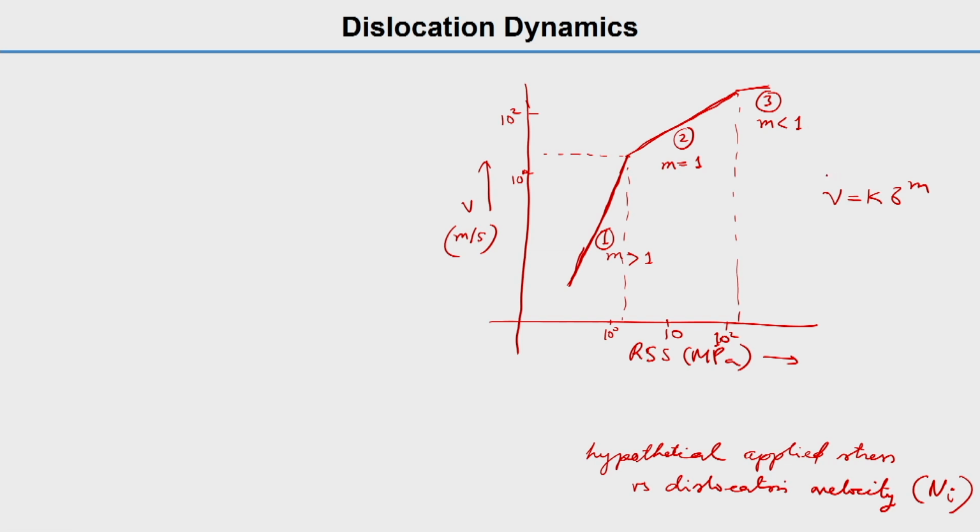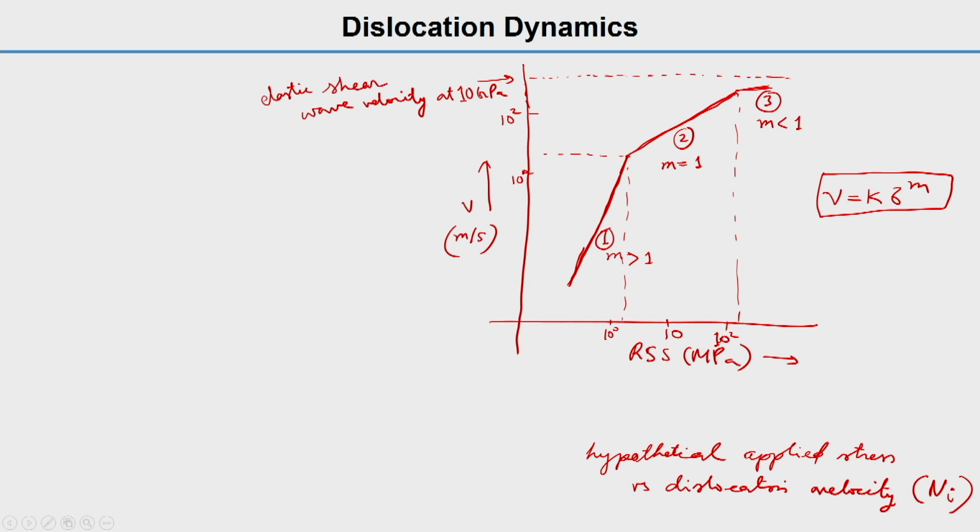So if you use this relation, you can have the coefficients of m like this. And there will be a limiting velocity, by the way. That limiting velocity is your elastic shear wave velocity, shear wave velocity at 10 gigapascal.